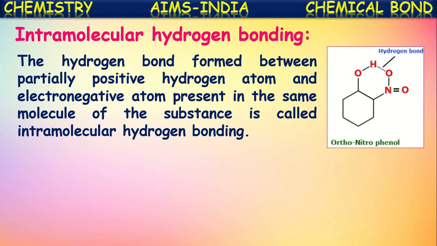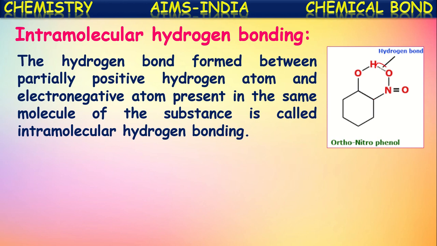See here, they have shown a certain organic compound. It is named orthonitrophenol. In this molecule, the NO2 group is connected to this carbon and the OH group is connected to this carbon. Now, in the NO2 group there is the electronegative atom oxygen, and in the OH group there is the electropositive hydrogen atom.